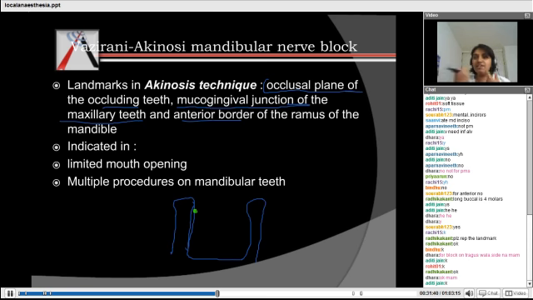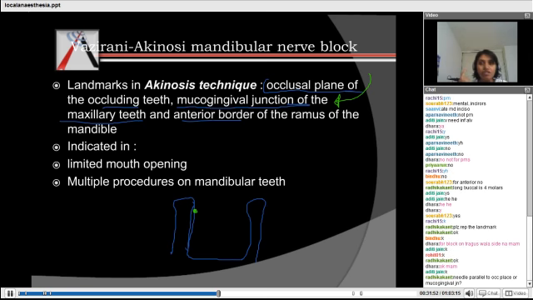If you look, the level of insertion is the mucogingival junction of the maxillary teeth. That's the point here, and that's what the MCQ asked. What happens is, we are thinking that we are giving the mandibular nerve block, so we don't consider the mucogingival junction. We have occluding teeth. The needle is parallel to the occluding teeth, but the point of entry is at the level of the mucogingival junction of the maxillary teeth.